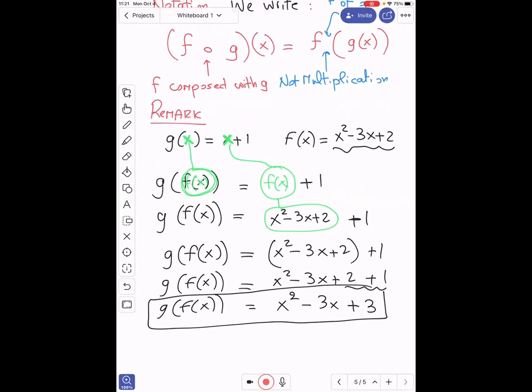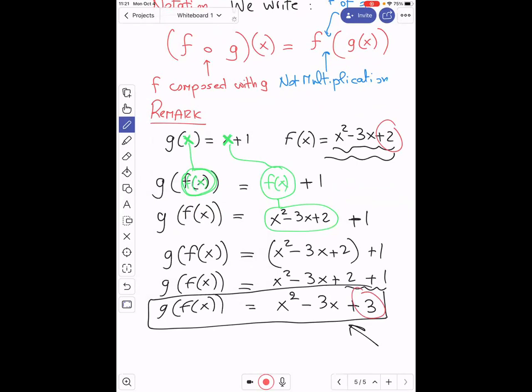And as you can see, again, I got a new function, and it's different from f. Well, it looks like f, but it's not equal to f, right? Because in f we have plus 2, and in this g of f of x we have plus 3.